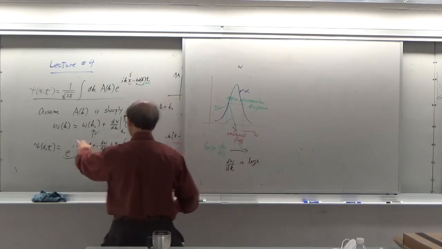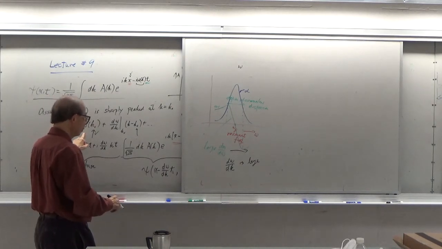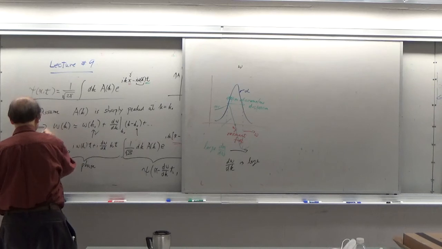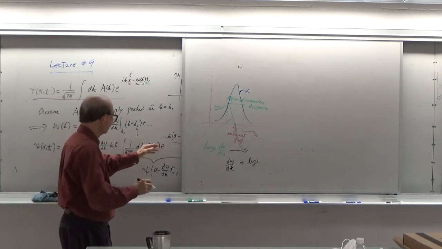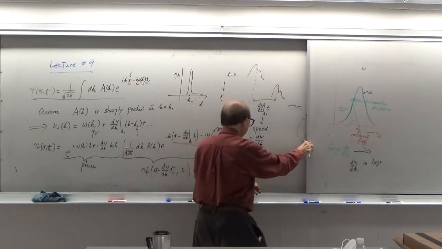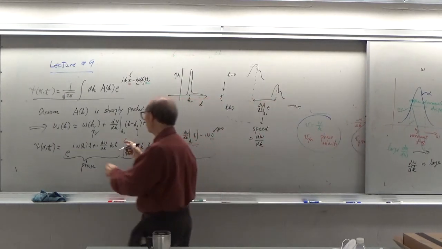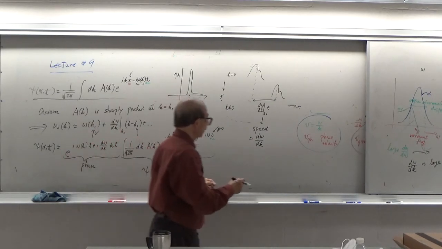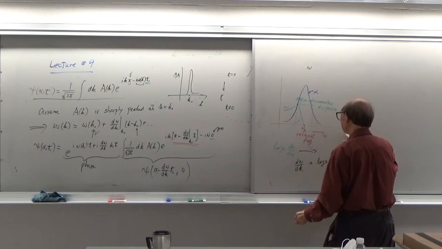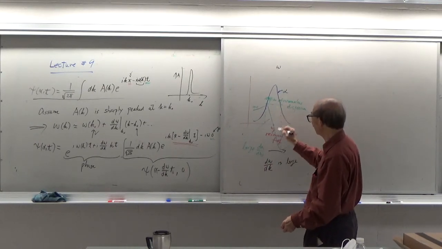That means omega is a rapidly changing function of k, such that this expansion that we have used, and that we used to argue that it is the group velocity that counts, will not hold. Therefore, what we have said does not quite explain problems in this region.